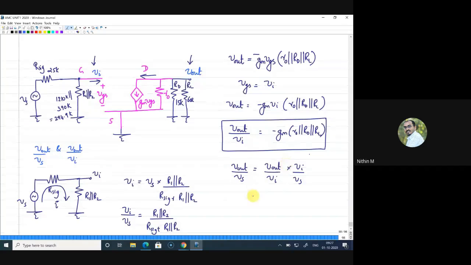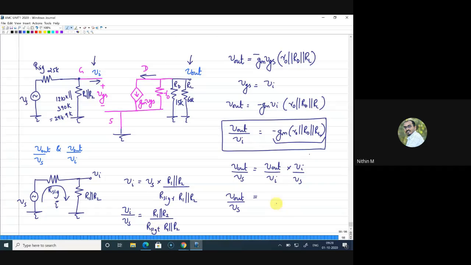Now I know what V out by Vi is and I know what Vi by Vs is. So together, V out by Vs will be the product of these two. V out by Vi you will get from here, and that should be multiplied by Vi by Vs, which is another factor here.